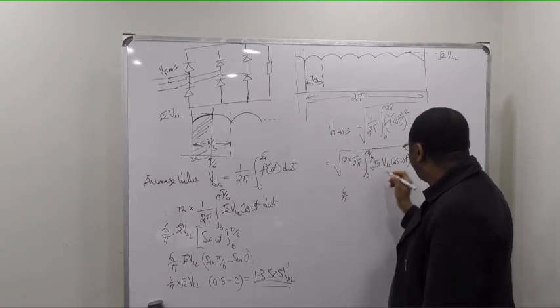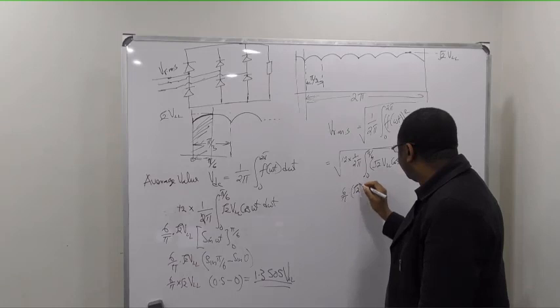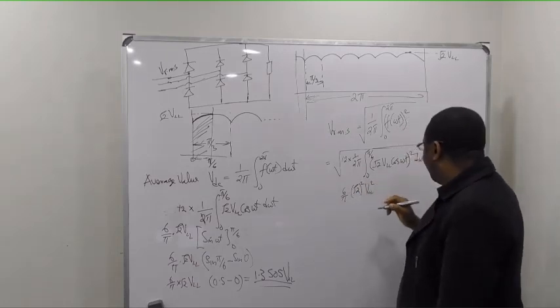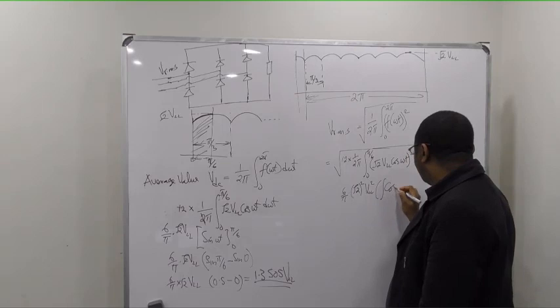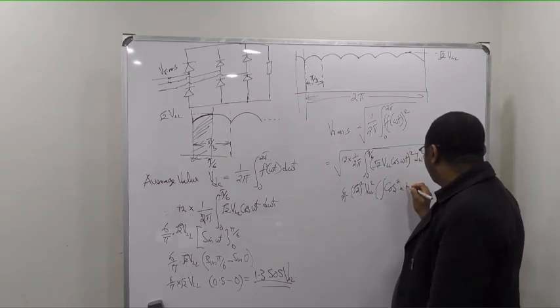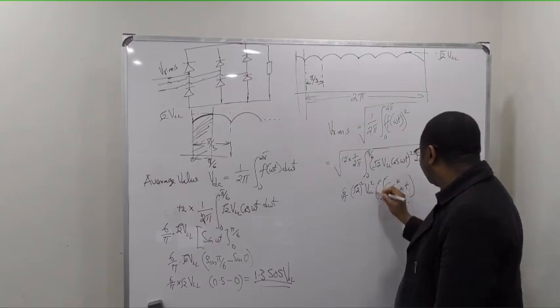and then by root 2 squared VLL squared, into the integral of cos squared omega t. So you are integrating this, cos squared omega t.